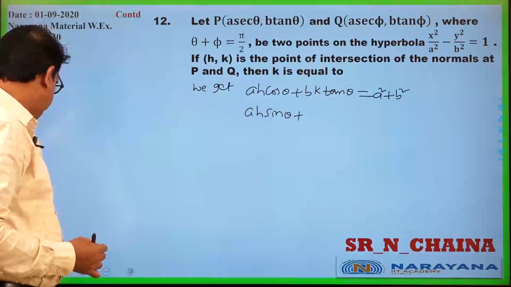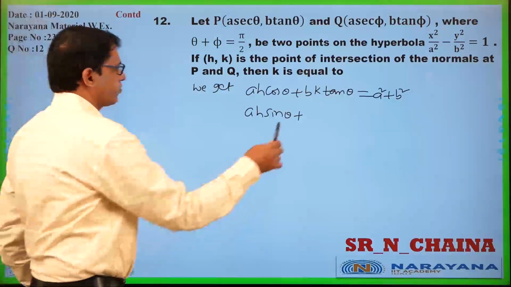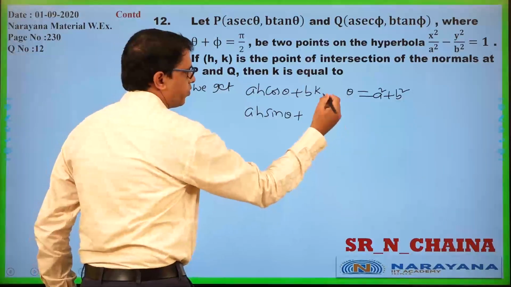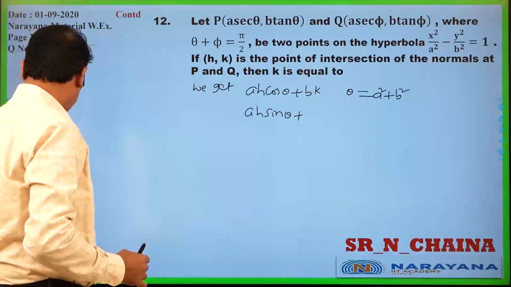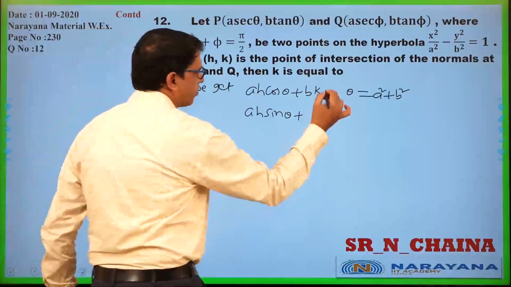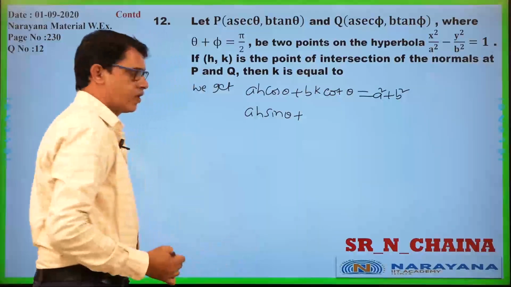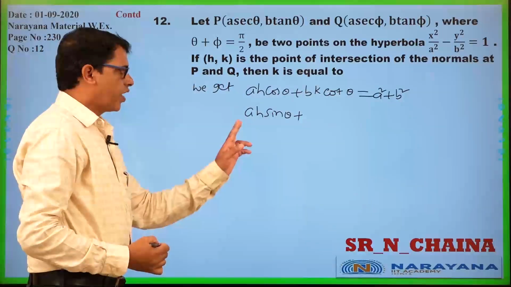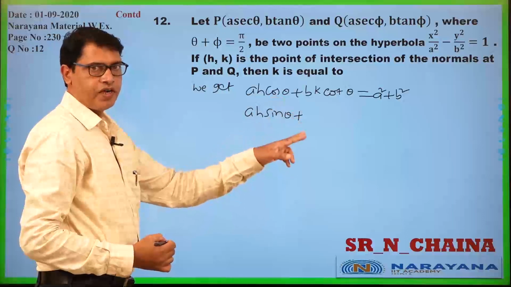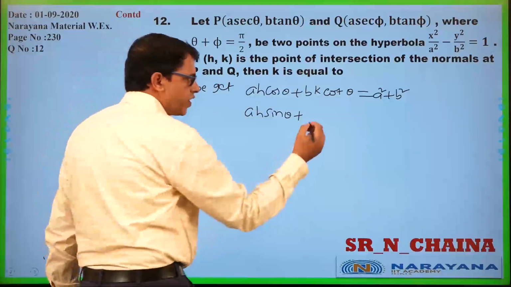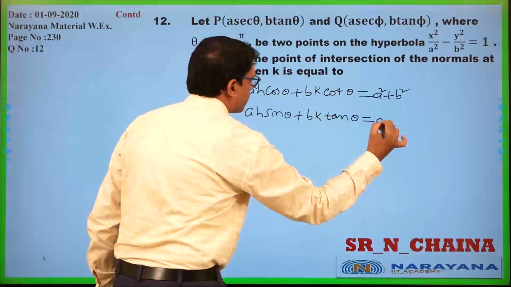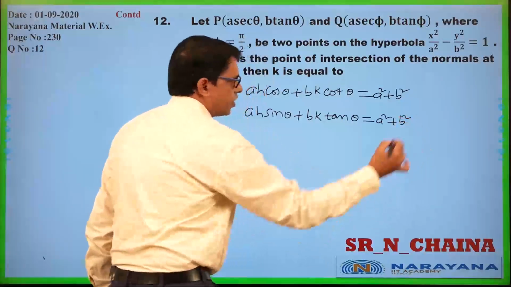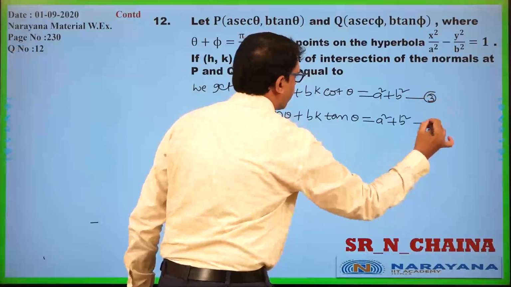So bk cot theta, equation 1. Now equation 2: ax sin theta plus by tan theta. In the place of y we substitute k. So bk tan theta equals a square plus b square. So equation number 3 and equation number 4.